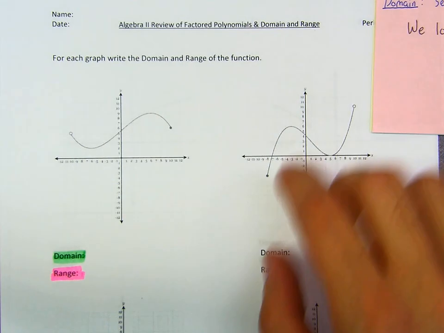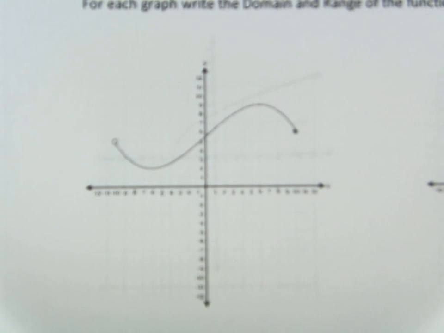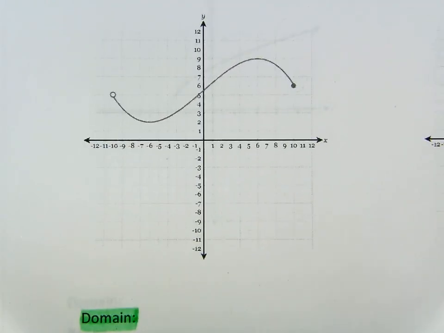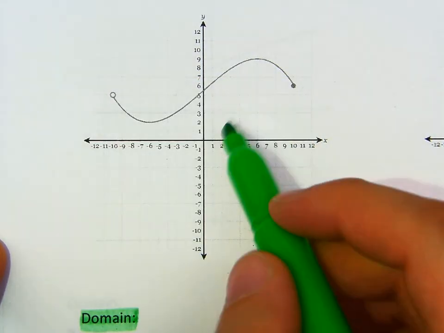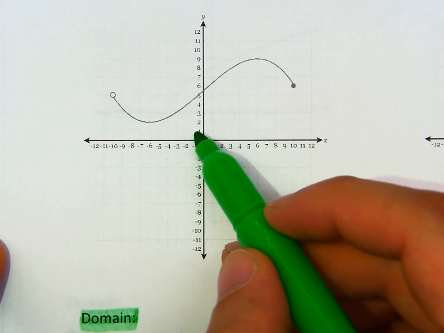So let's take a look over here, and let's zoom in. Okay, that's good. When we think about domain, the idea is the same. We're going to look left and right. Starting from here, how far left does the graph go?